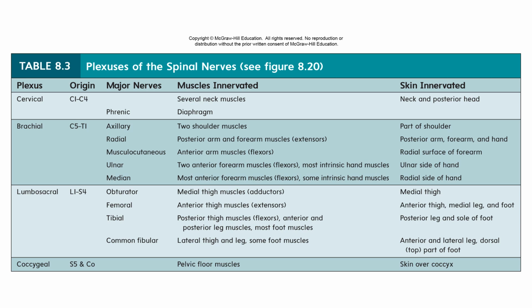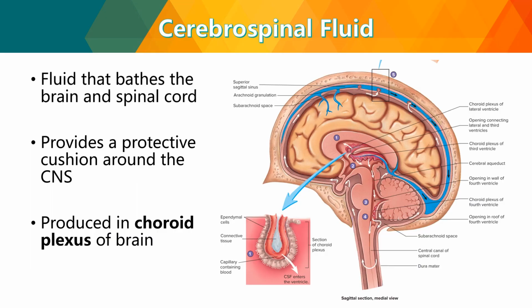And then for the brachial, you have axillary, radial, musculocutaneous, ulnar, and median. And then for lumbosacral, you have your obturator, femoral, tibial, and common fibular. And then lastly, you have the coccygeal, which is from S5 to the coccyx. Okay, they don't have a major nerve, but they do innervate the pelvic floor muscles.